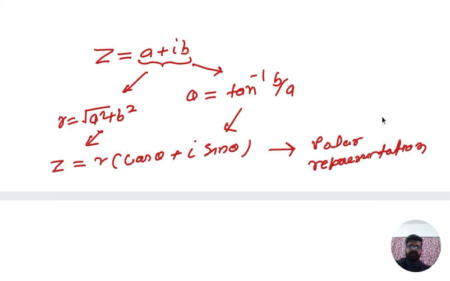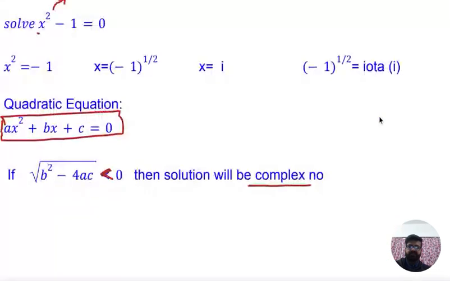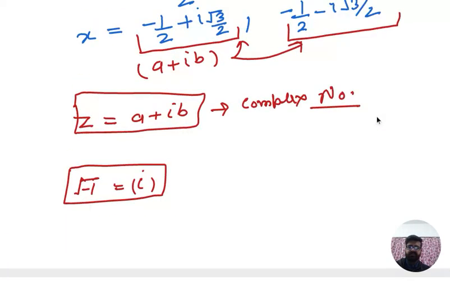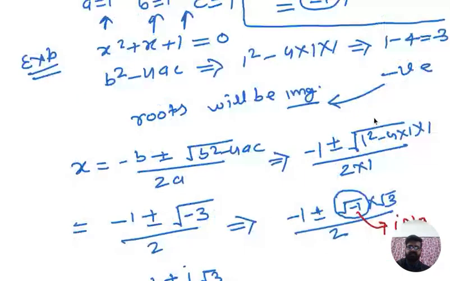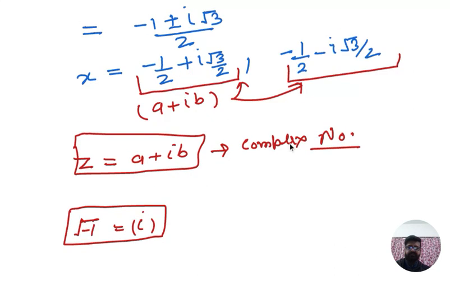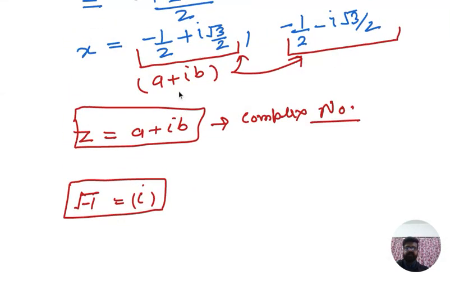Suppose, as earlier I solved a question, there was an equation, x square plus x plus 1. We solved this quadratic equation and found the roots, one root was this and the second was this.